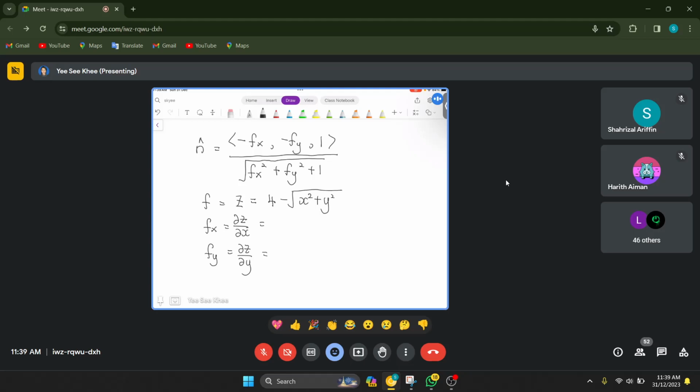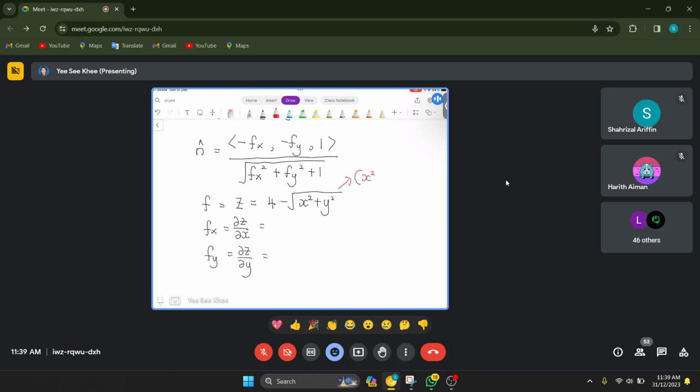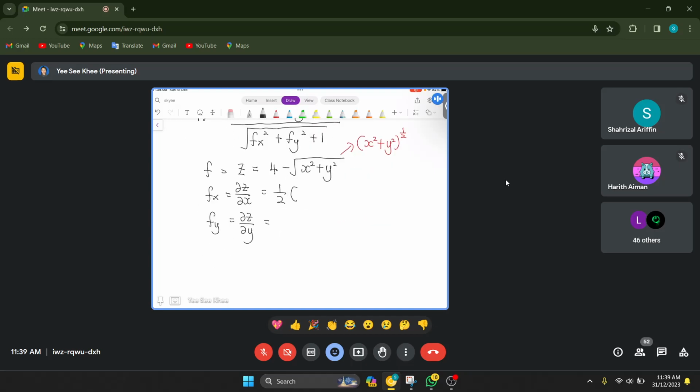So how do we find this? For del z del x, the 4 will become 0. The square root you can imagine as being written as power 1 over 2, so when you differentiate you get 1 over 2. Oh yes, you have a minus, so here you must have a minus.